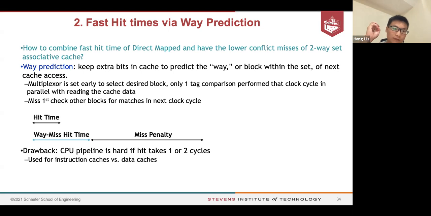If the prediction is right, we gain, and we get the same performance as direct mapped because we don't do any block choosing. If we have a miss, we don't lose either, because the other block of this two-way set associative cache would be the block of interest. So either way, we either gain or we don't lose. We didn't gain anything, but we didn't lose.